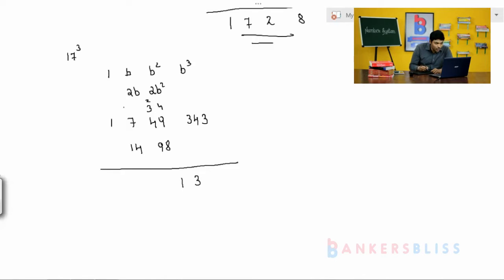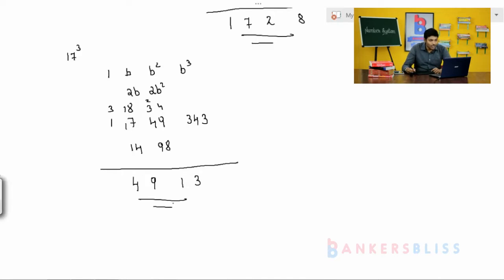This 18 you have to add, because already in the middle part you have taken 1 as the unit digit. So 1 carry over. Next, 8 plus 7 is 15, plus 4 is 19, 9, 1 carry over. So 1 plus 1 is 2, plus 1 is 3. This 3 you cannot write here, 3 carry over. 3 plus 1, 4. So the answer is 4913.